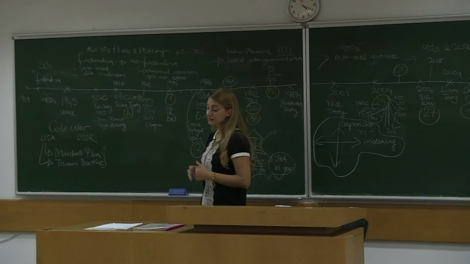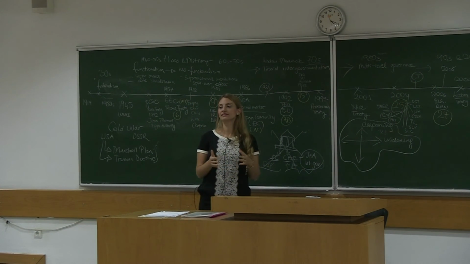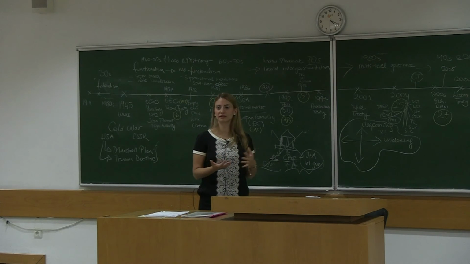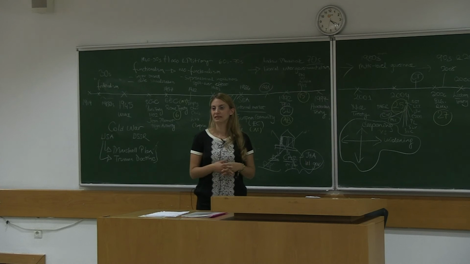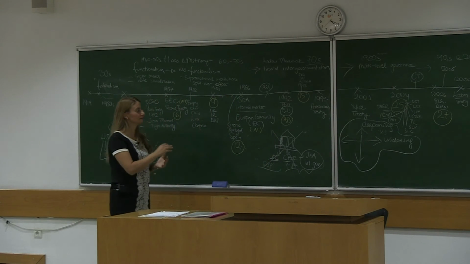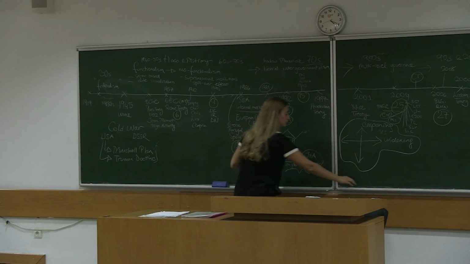And another thing that I have to add regarding the Lisbon Treaty is that this is not the end. There might be another treaty coming in the next 5 years, 10 years. As you can see in the whole treaty process, there have been treaties all along the EU's integration.